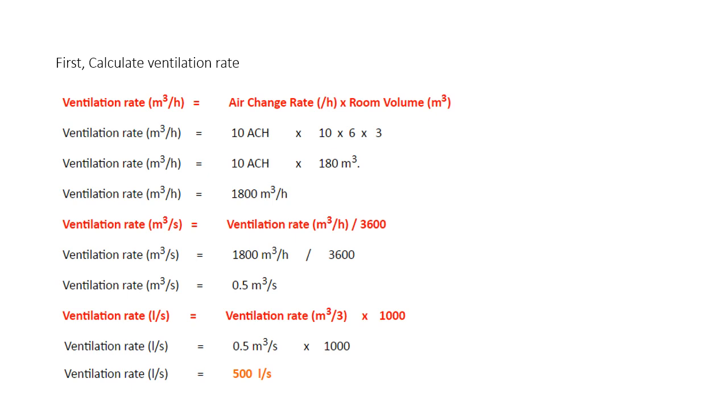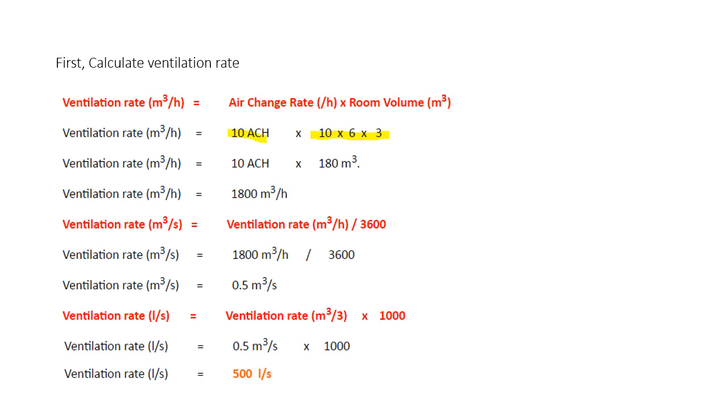Okay, to choose a diffuser, you first have to calculate the ventilation rate. In this question, it is given that it should have 10 air changes per hour, and the size of the room is also given.